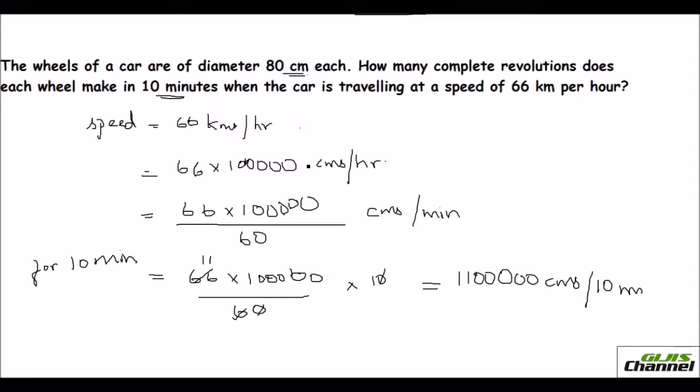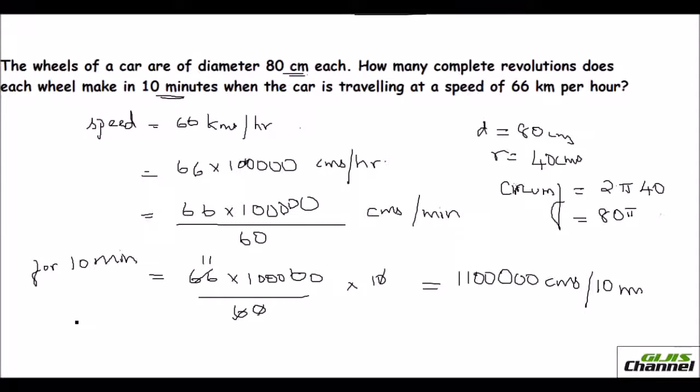In this problem what they say is the diameter is 80 centimeters. So your radius would be 40 centimeters, half of it. And the circumference for one full circle will be 2 times pi times r. r is 40, so we can take it as 80 pi.